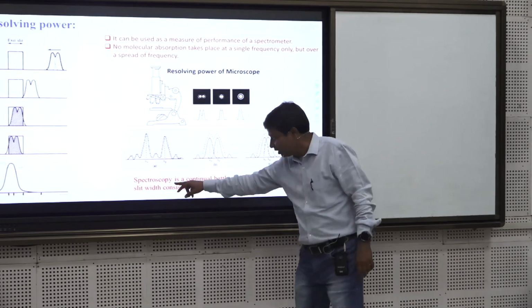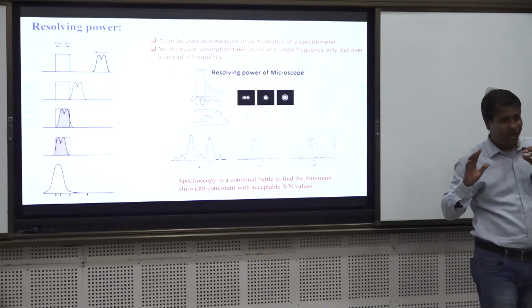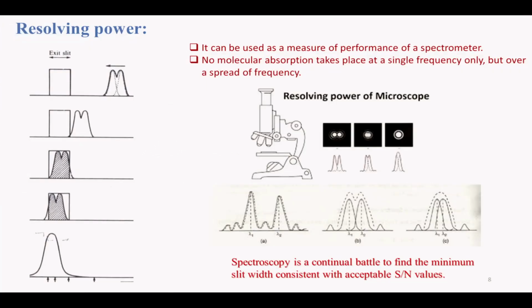That's why it is written that spectroscopy is a continual battle to find a minimum slit. Minimum slit means minimum light, so you are compromising with the signal to noise ratio. Continual battle to find a minimum slit width consistent with acceptable SN ratio.